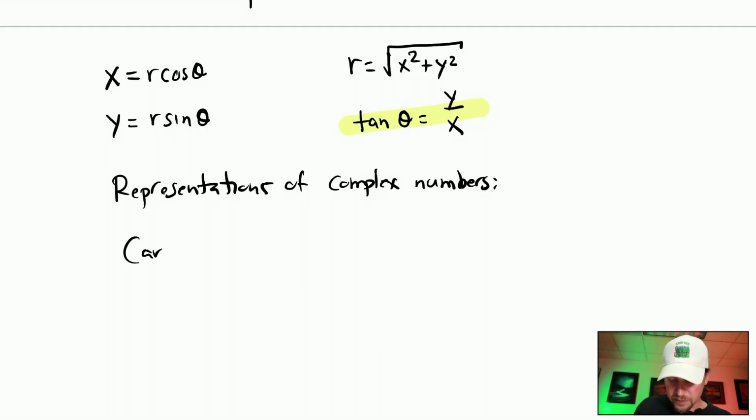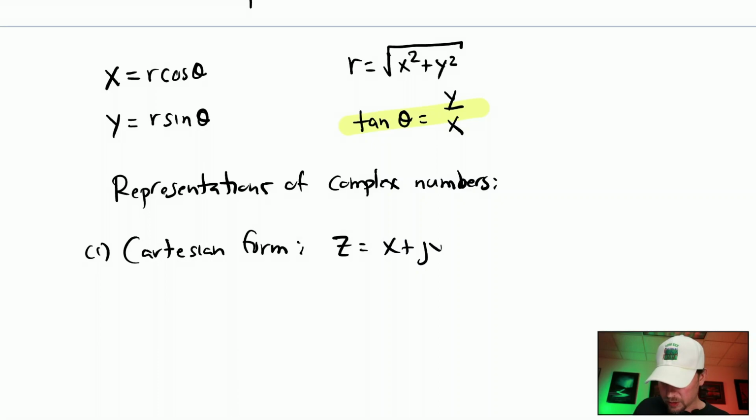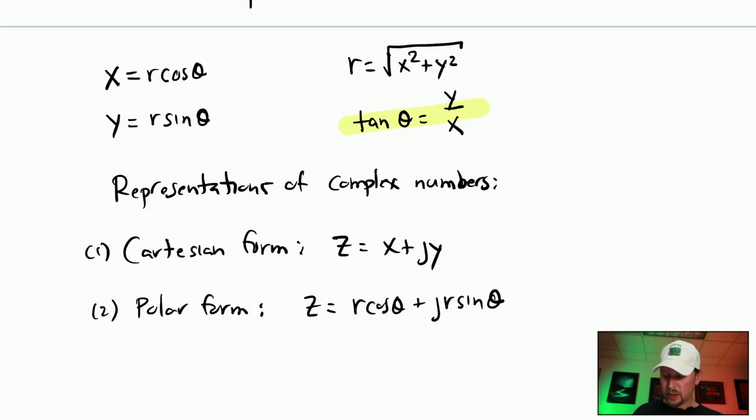Right? This also implies that any complex number has two representations. The first is the Cartesian form, in which z is equal to x plus jy, and we also have the polar form, in which z is equal to r cosine of theta plus jr sine of theta.